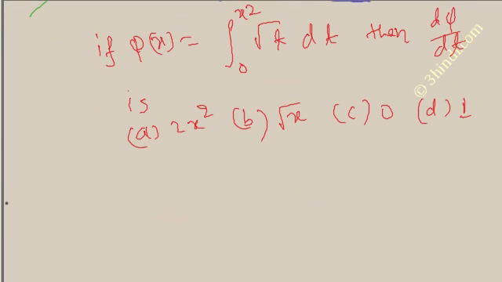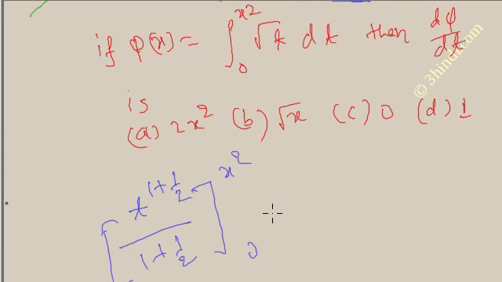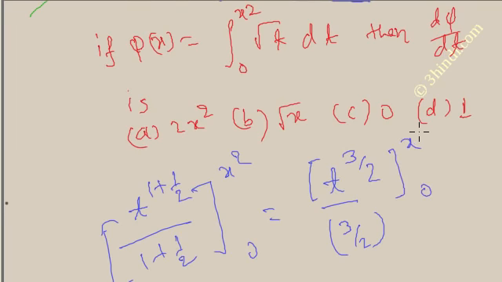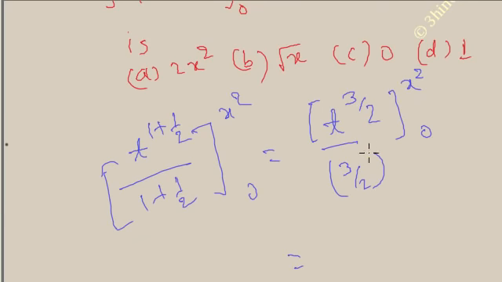So the solution of this, first of all, integration of this function is t to the power 1 plus 1 by 2 divided by 1 plus 1 by 2, and you are required to put x square and 0, that is, t to the power 3 by 2 divided by 3 by 2, and if you put x square here, it means x cube into 2 by 3.